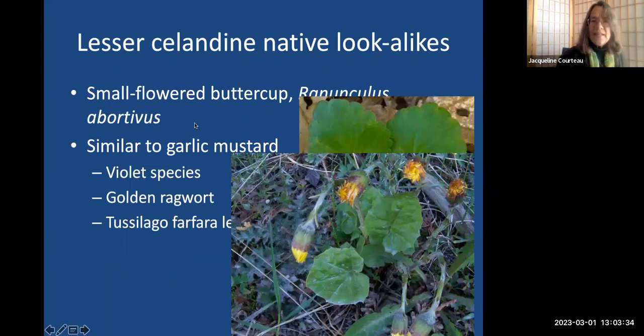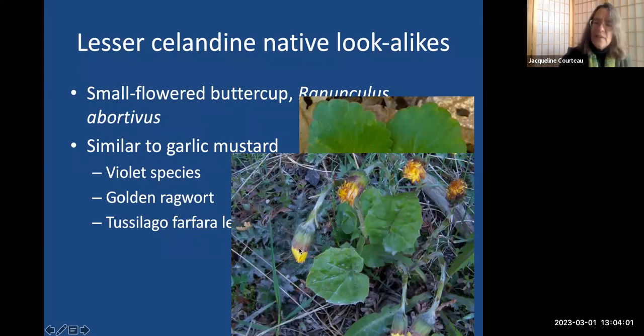You might possibly confuse it, and I'm sorry, this photo seems to have overwritten my text here, with small-flowered buttercup, Ranunculus abortivus, when it's in the rosettes. But compare those leaves on your own. And then another species is Tussilago farfara.